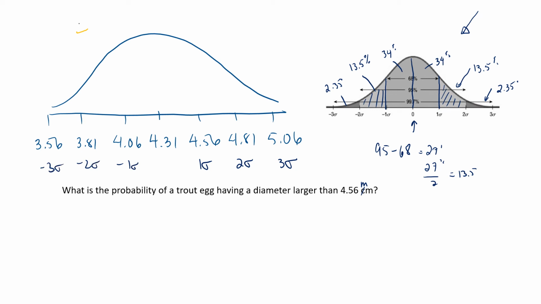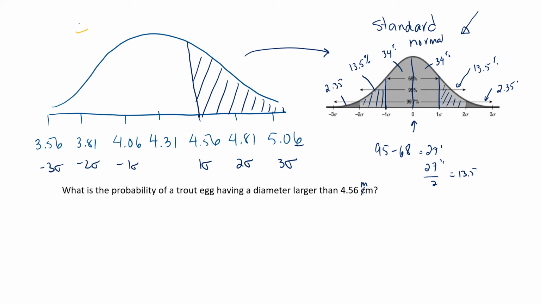So now I'm going to use that information to answer the question about what is the probability of a trout egg having a diameter larger than 3.56. So 3.56 is right here, and it's going to be larger. So if I compare that normal distribution to my standard normal, I can see I can add up the percentages.